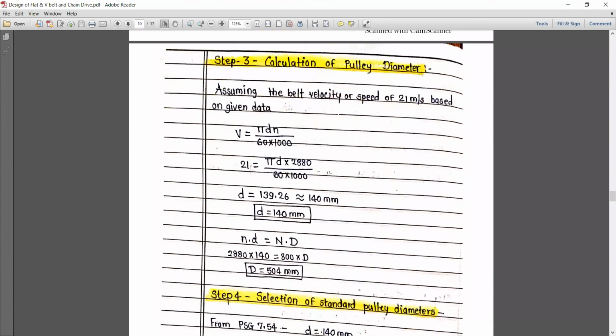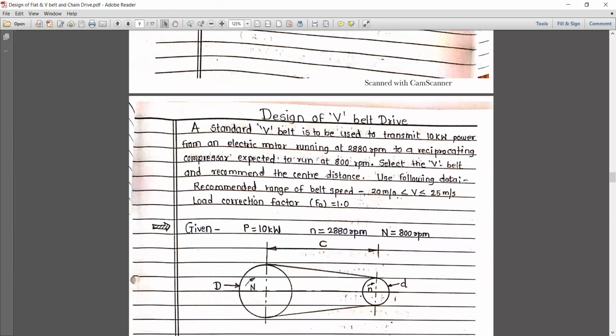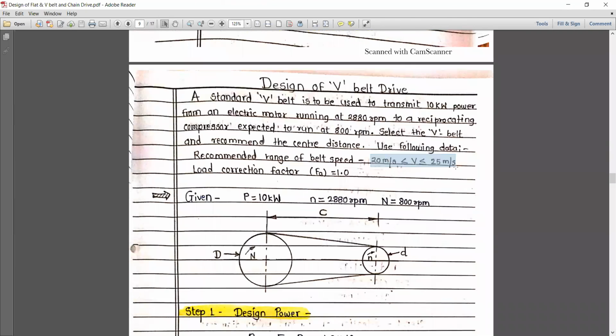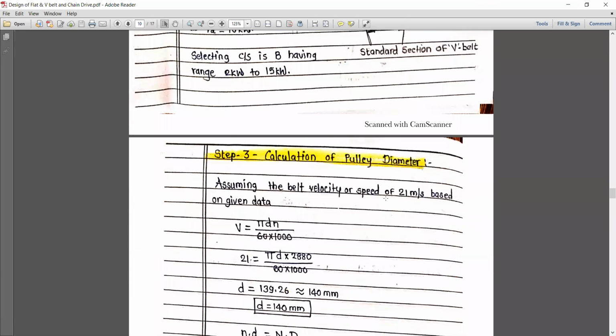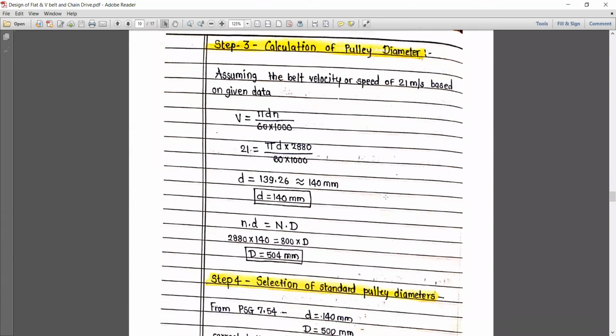Calculating the pulley diameter. As per the given condition, the recommended belt velocity is 20 meters per second to 25 meters per second. We are assuming 21 meters per second. Based on the velocity you can find the diameter.